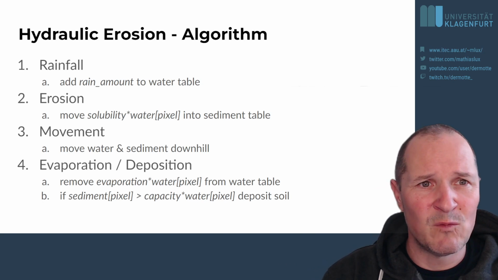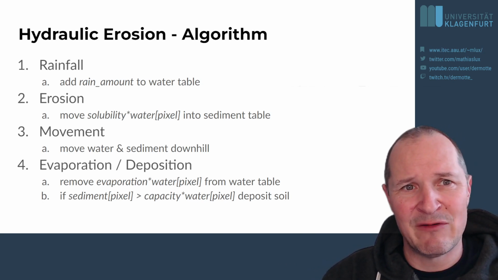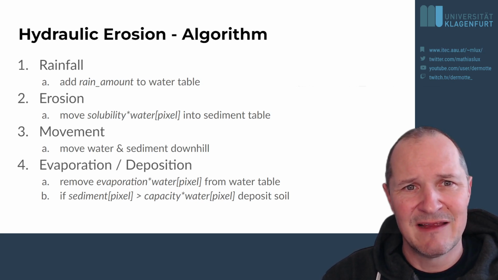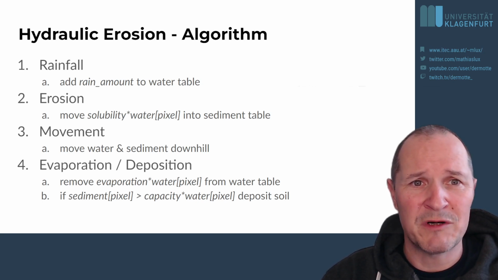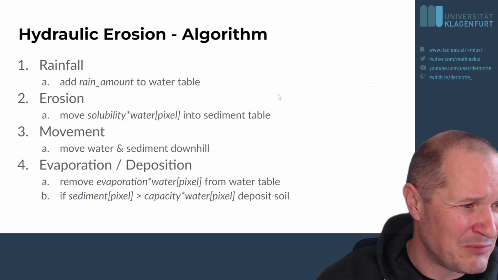Then you move the water and the sediment downhill. And in the evaporation step, you deposit the sediment on the soil table and remove the water from the water table. So basically pretty easy to explain.